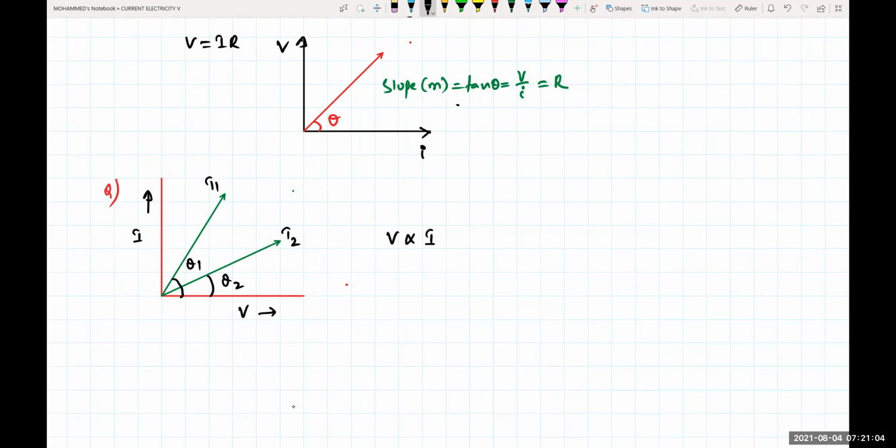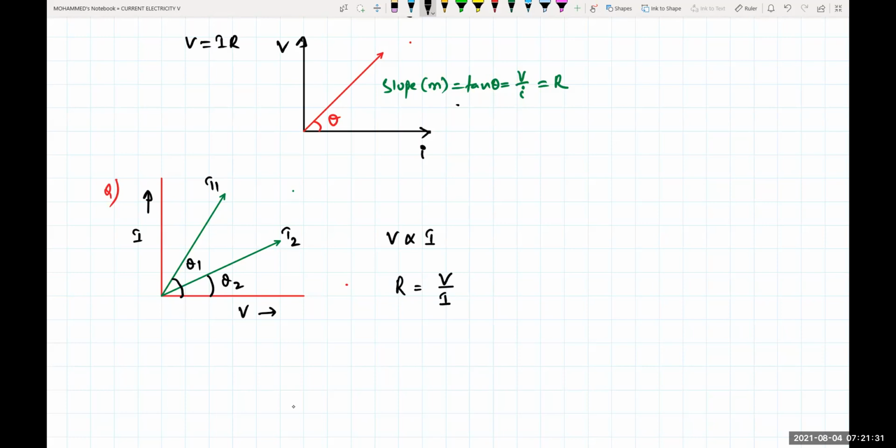The reciprocal of resistance. Here we directly got the resistance, so R is equal to V by I. That will give me tan theta. So R is equal to V by I.